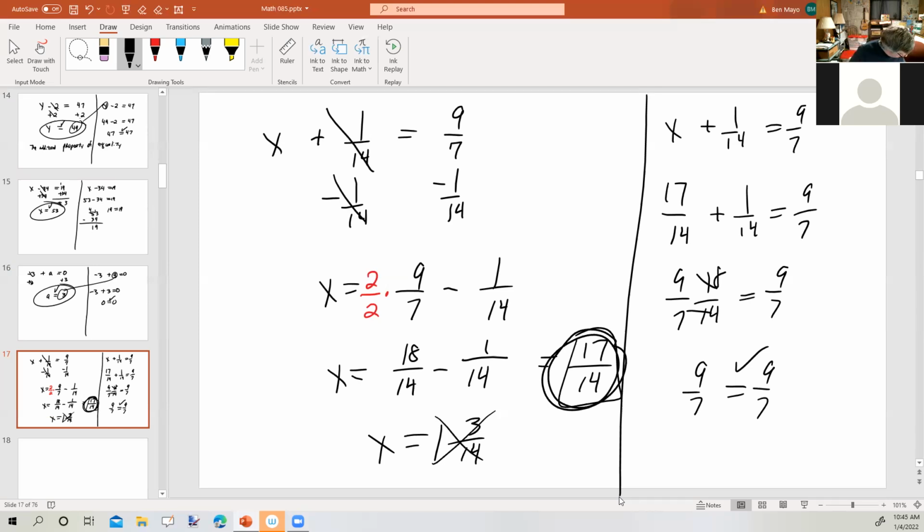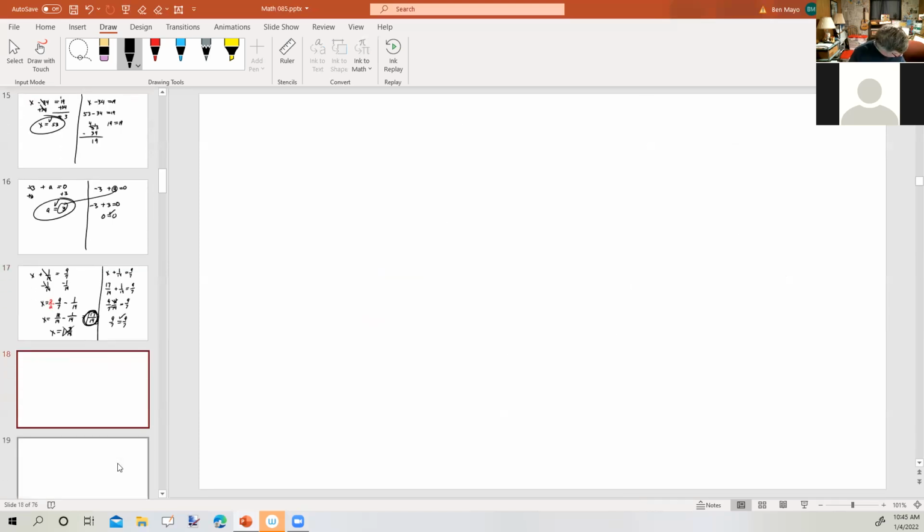Okay, let's see here. Let's do one with decimals. 9.4 plus h equals 8.1. So to get h by itself, I'm going to subtract 9.4 from both sides of the equation.